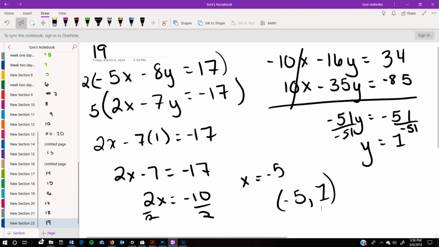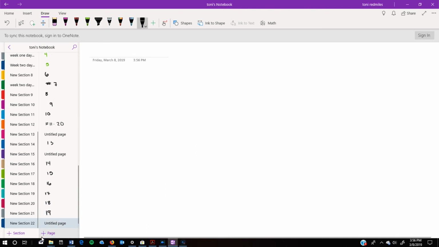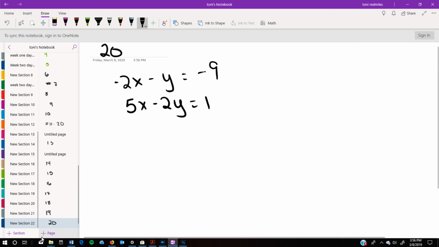Drum roll, please. We are on the last question. I'm so excited. All right, we're going to do substitution for the last one. So I'm going to rearrange this equation, multiply by my -1, and then substitute it into here.